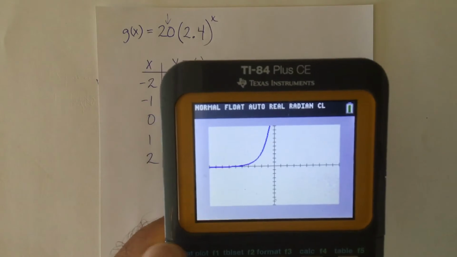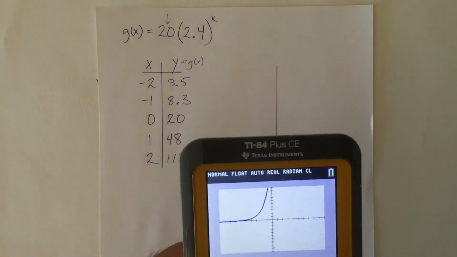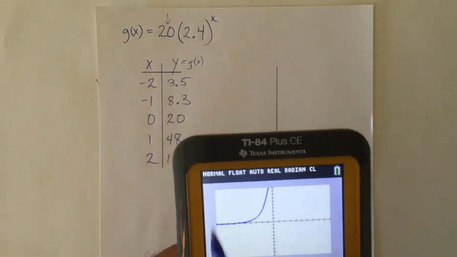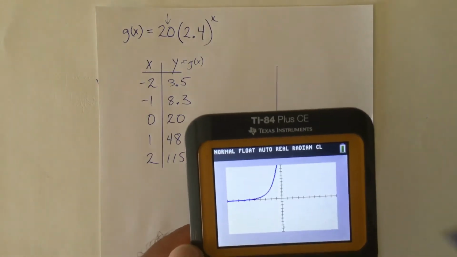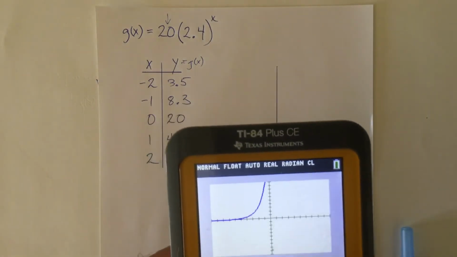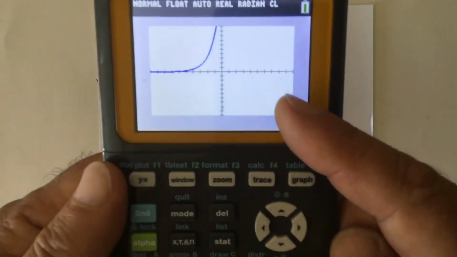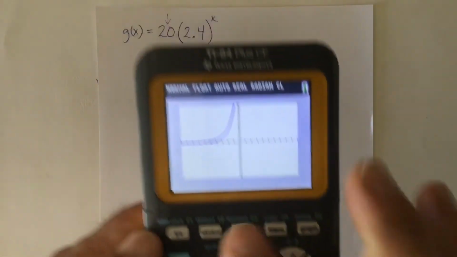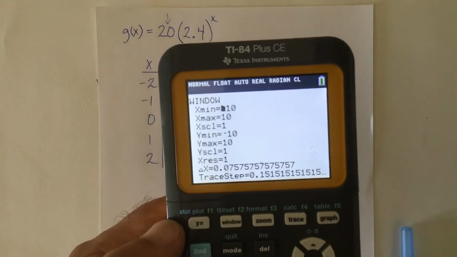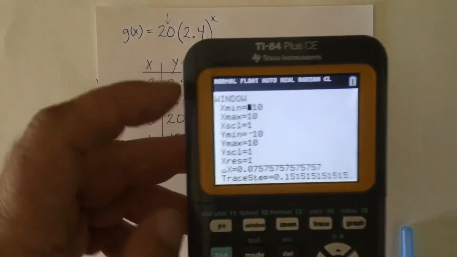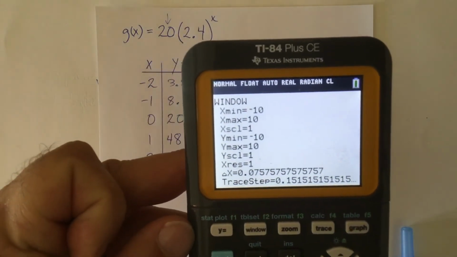But how do I see that? Well, remember, I'm looking at just this picture, which is a tiny little rectangle. The graphing calculator refers to this thing as a window. So if I hit window, I want to show you something. There are 10 dashes on the negative side of the x-axis.